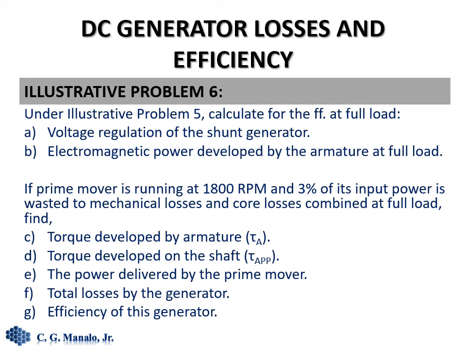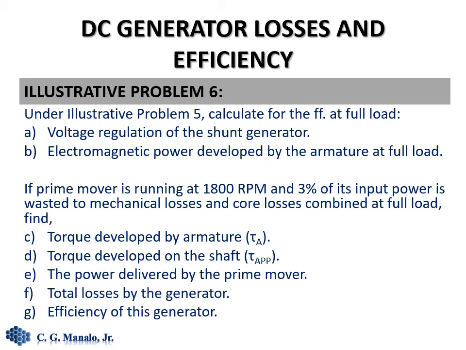So let's have an example to illustrate voltage regulation, power, and efficiency in DC machines. Earlier we have illustrative problem number 5, and we extend that problem by computing its voltage regulation and the electromagnetic power developed by the armature.